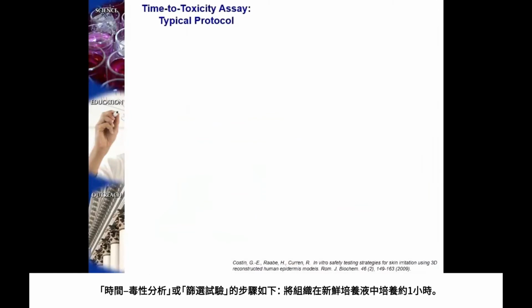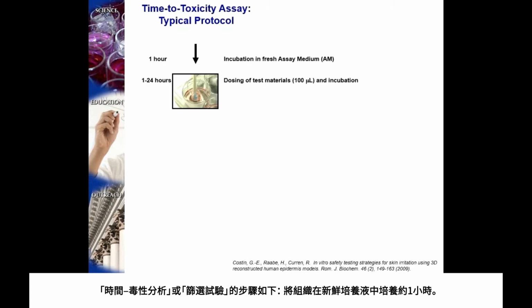The time to toxicity or screening protocol is performed as follows. The tissues are incubated in fresh media for about an hour. The materials are applied on the top of the tissues, mimicking a topical exposure, anywhere from 1 to 24 hours.